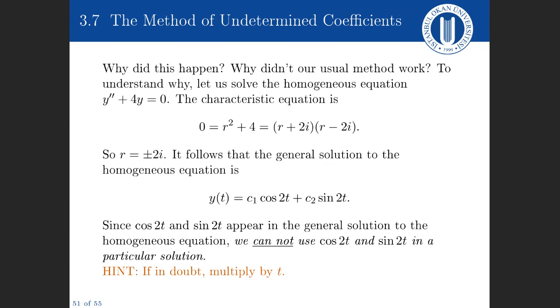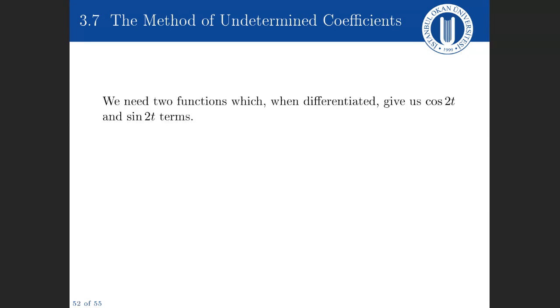So instead, we need new functions. And the hint I'm going to give you is, if in doubt, multiply by t. We need 2 functions which, when we differentiate them, give us cos 2t and sin 2t terms. We're going to try the functions t cos 2t and t sin 2t.